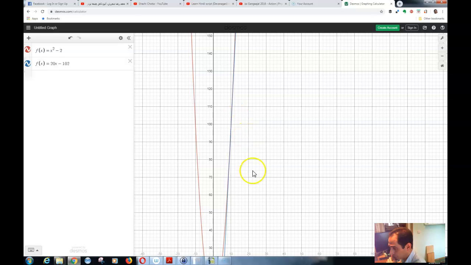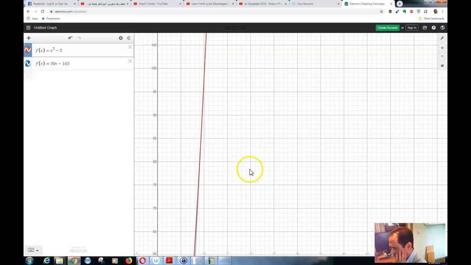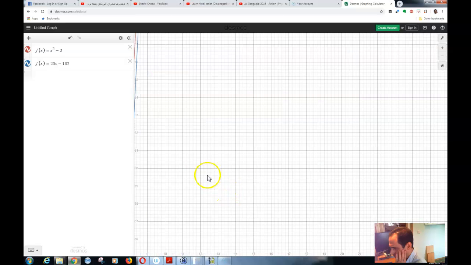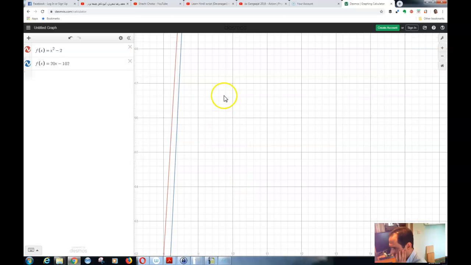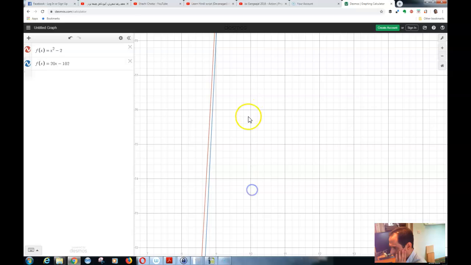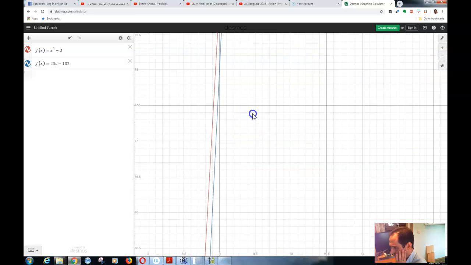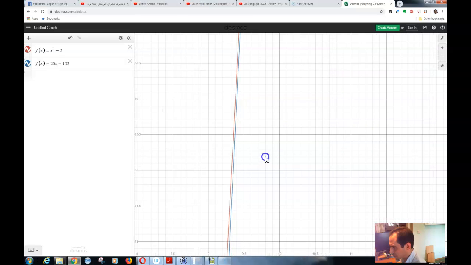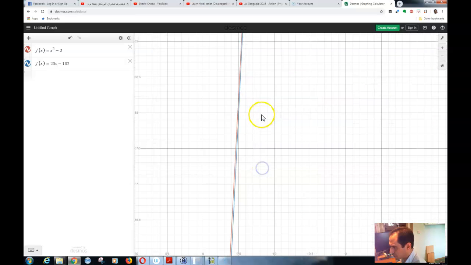So you see that basically the line is touching the graph of the function exactly at that point. You can zoom in and you can see that. I'm zooming in to see where exactly the line is touching.